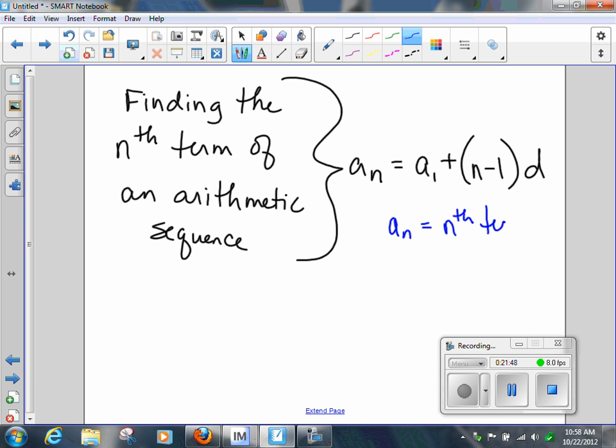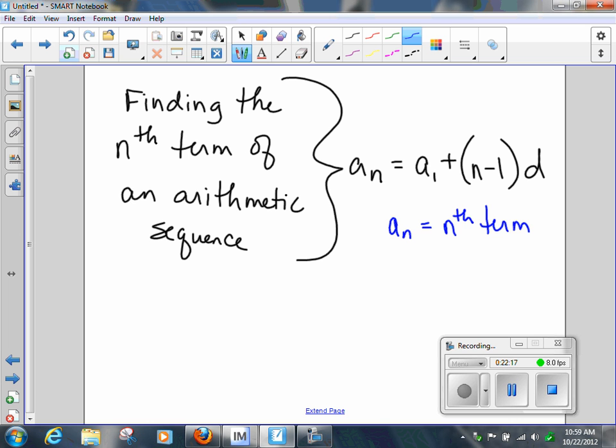This is the term that we're trying to find, because I may give you some numbers and say, hey, find the 123rd term of this sequence. Could you do this in your calculator? You'd punch that calculator 123 times, couldn't you? Would you get the right answer? Sure you could, but it might take you some time, right?